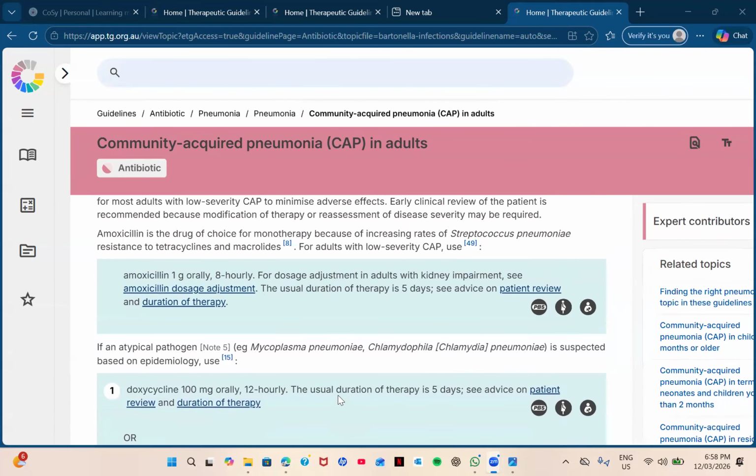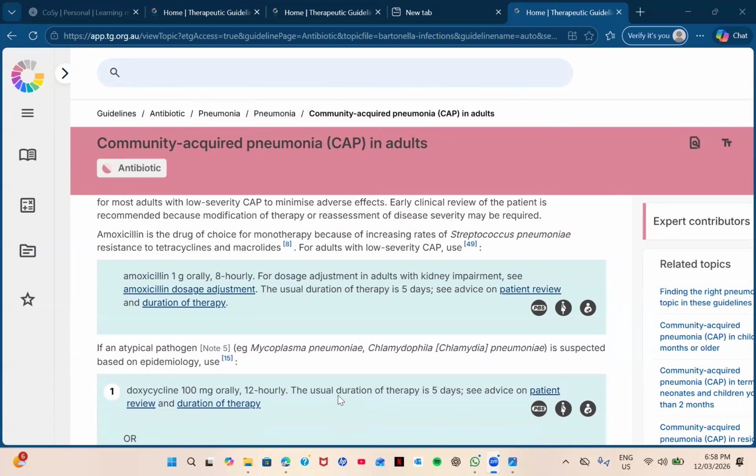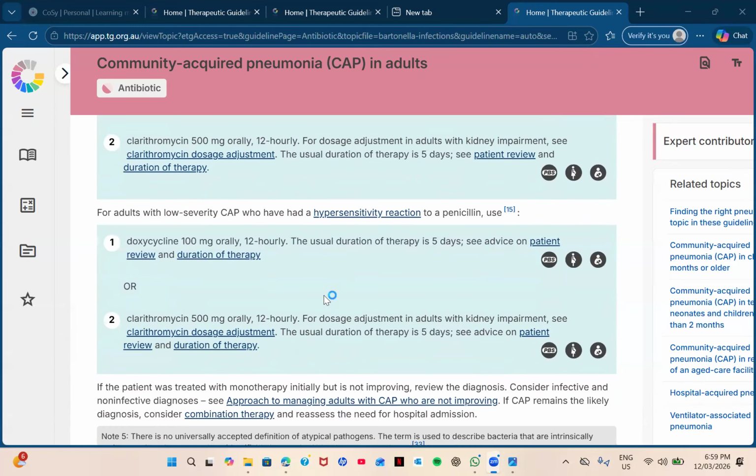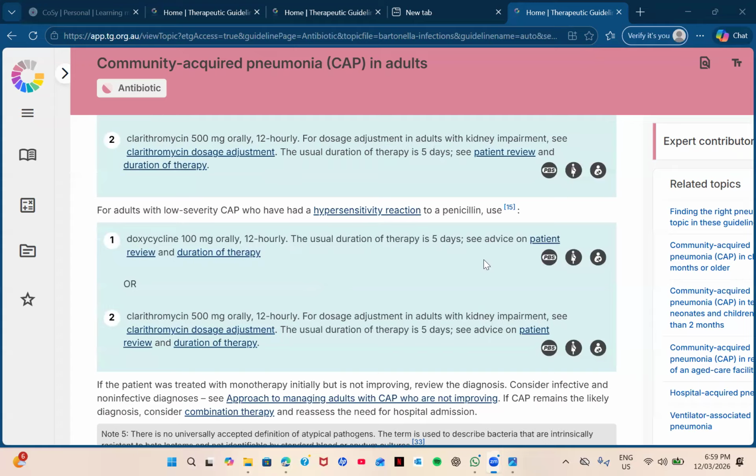For typical community acquired pneumonia, first line treatment is monotherapy. With monotherapy, we are using amoxicillin, right? If the patient presents with hypersensitivity to penicillin, what can you use here? Doxycycline and clarithromycin. So you know doxy and clarithromycin for two cases, right?